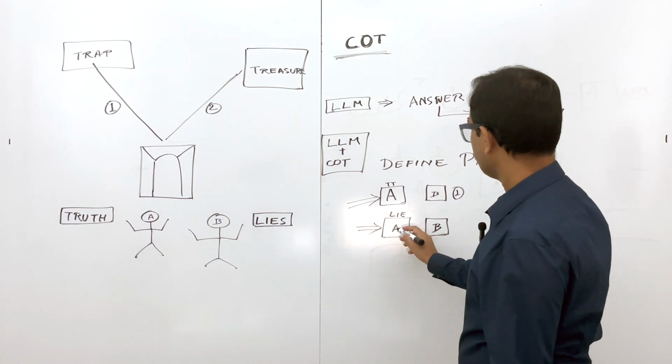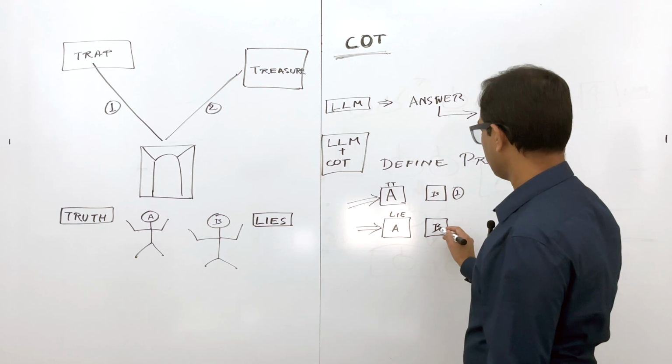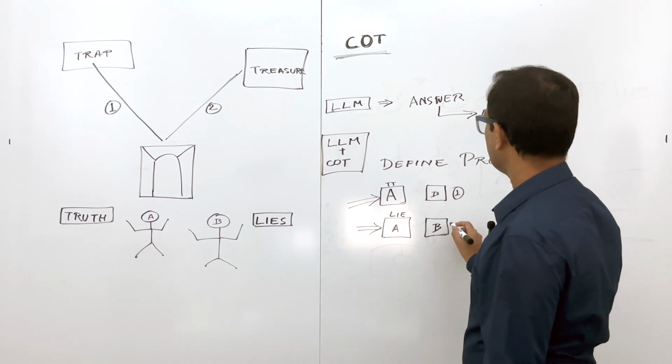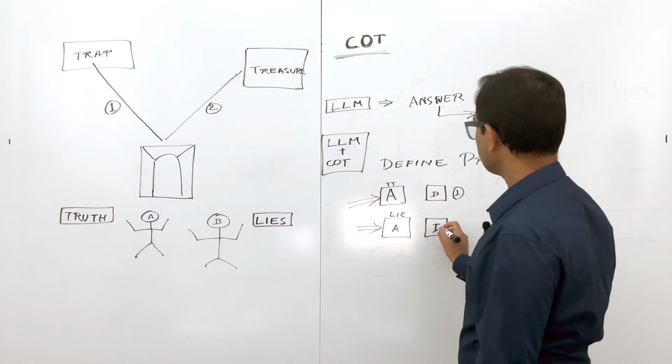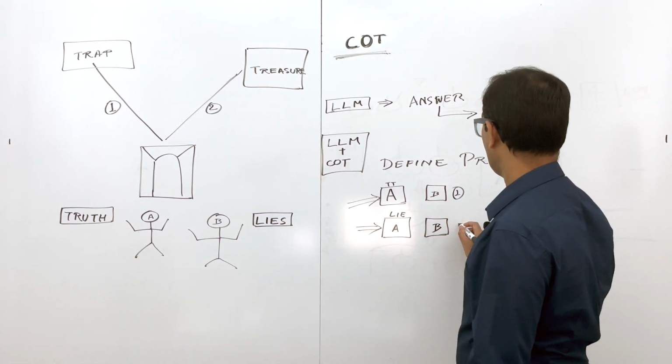This guy is a liar. B would always say the truth, so B would always tell me 2. But now this guy will lie, and it will say, if you go and ask B, B will tell you 1.